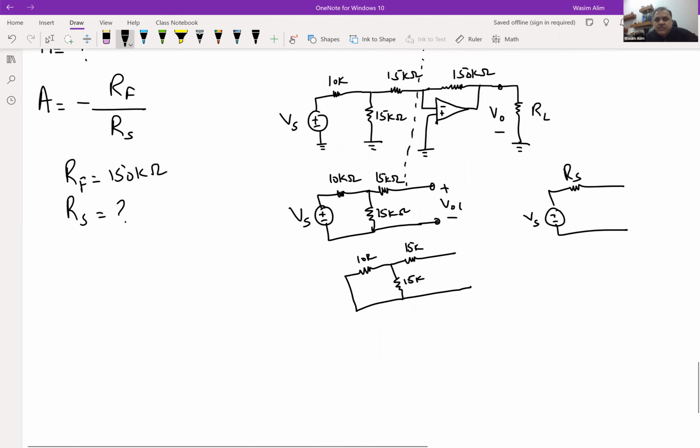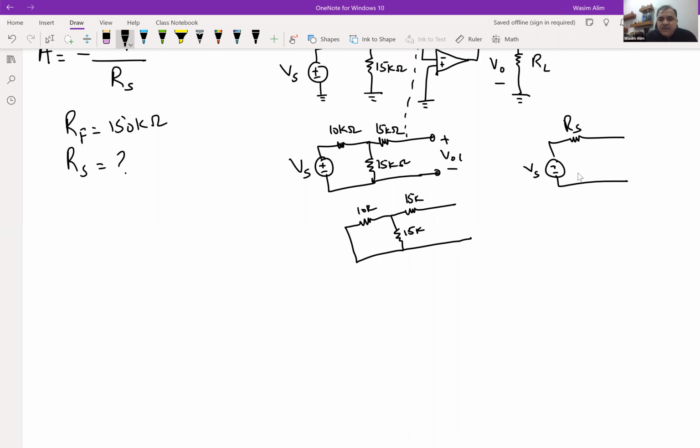So we can represent this as R equivalent 1, which is the 10 kilo ohm resistor in parallel with the 15 kilo ohm resistor. And this is in series with the other 15 kilo ohm resistor.